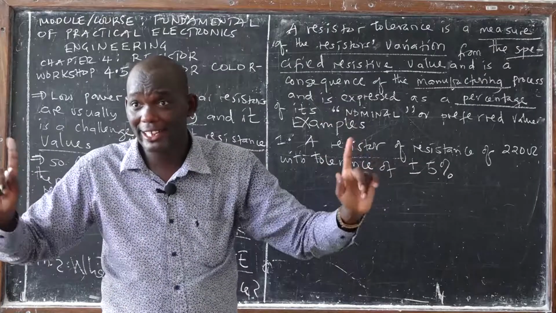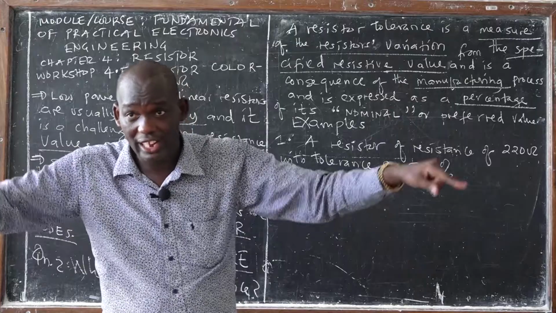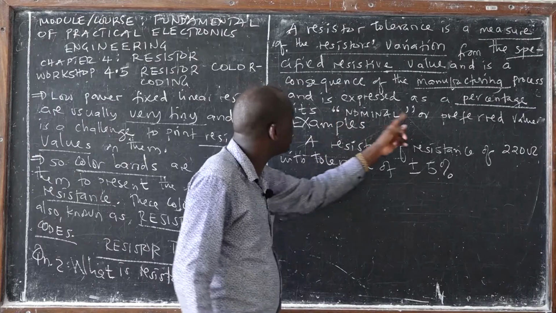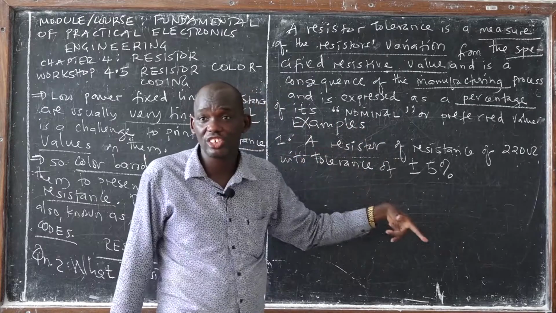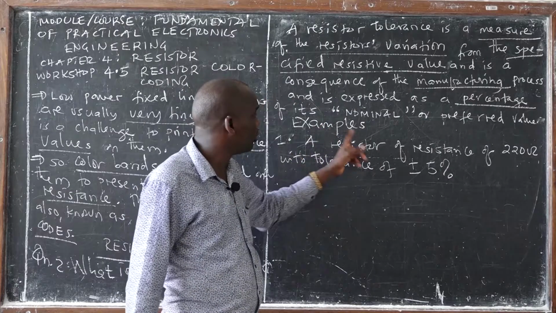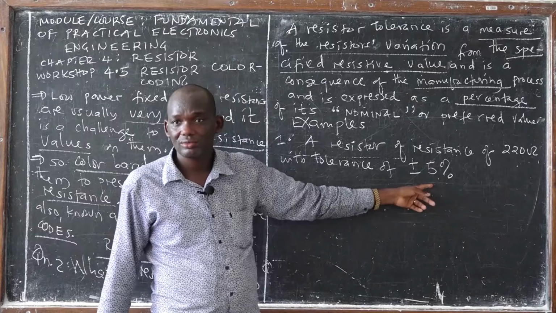The manufacturer makes the resistors with their tolerance. And it is expressed as a percentage of its nominal or preferred value.